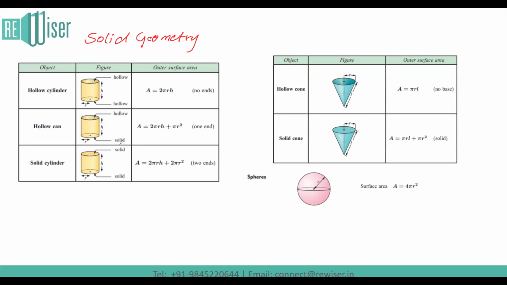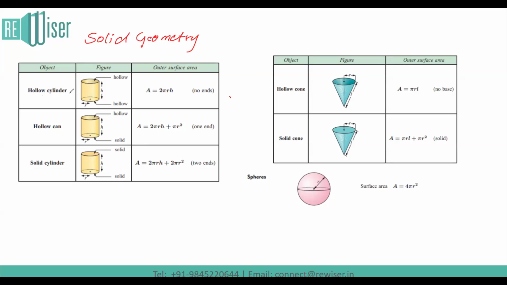These are the formulae we have for solid geometry. The first shape that we are going to look into is the cylinder, and the cylinder will be in this shape.